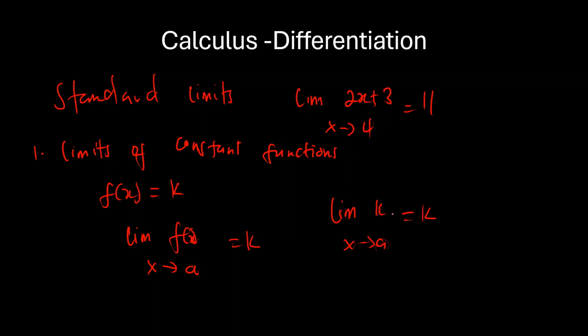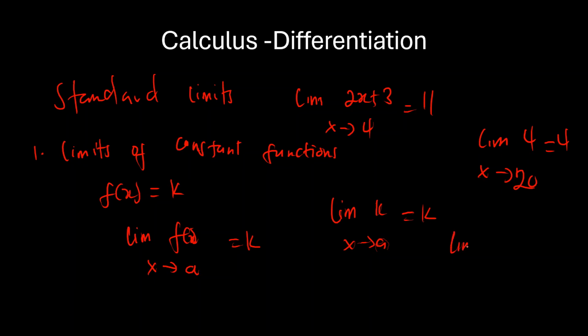So far as the function is a constant, whatever value x is approaching, the limit is just going to be the function itself, which is the constant. So the rule is that the limit of a constant function is the constant itself. So if you have limit of 4 as x approaches 20, this is equal to 4.